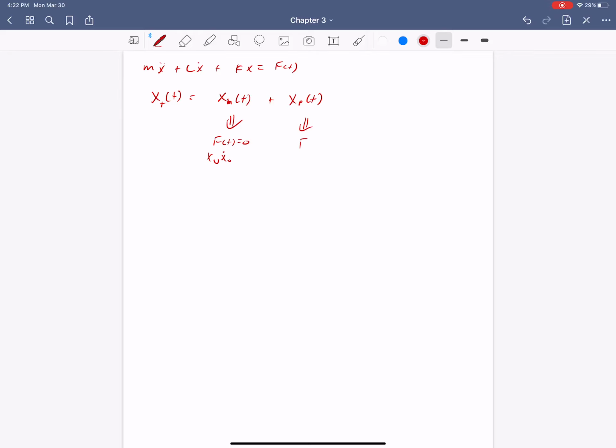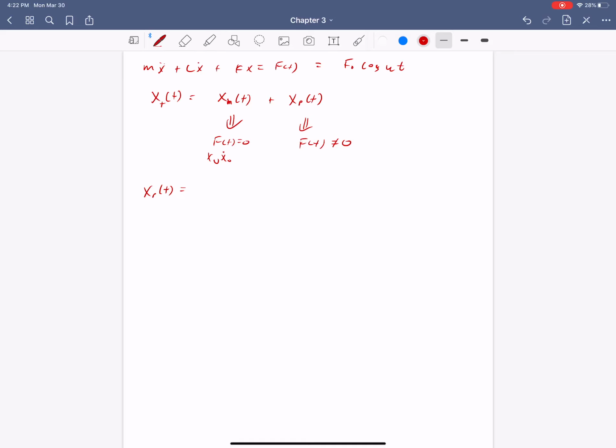The particular is when f of t does not equal 0, and it does not depend upon initial conditions, okay? We have introduced f of t's form, okay? We have introduced a form for xp of t, and we introduced a bunch of them because, hey, why not? What else are you doing with your life, huh?